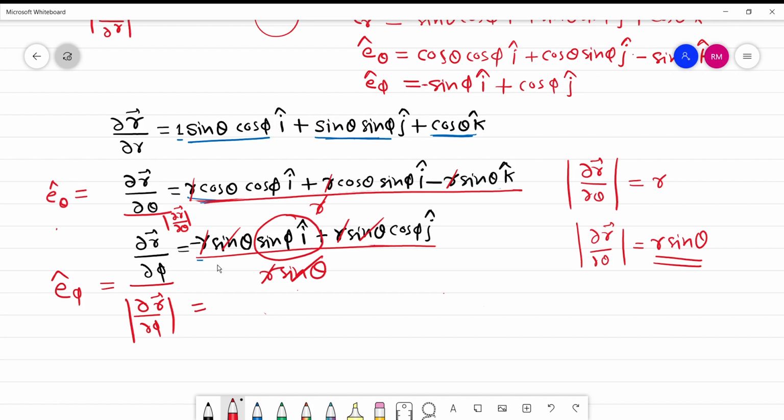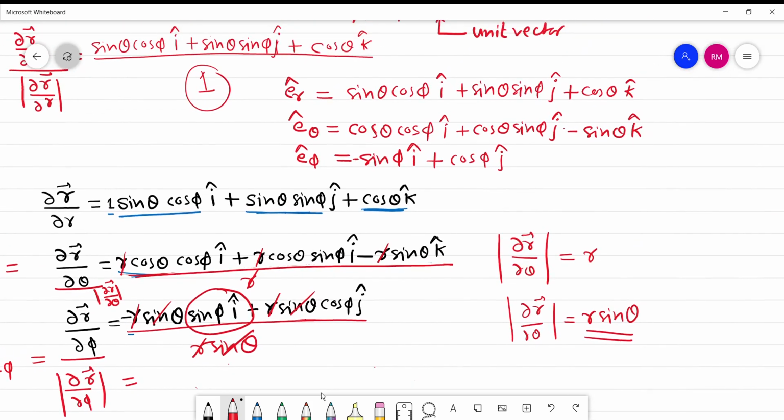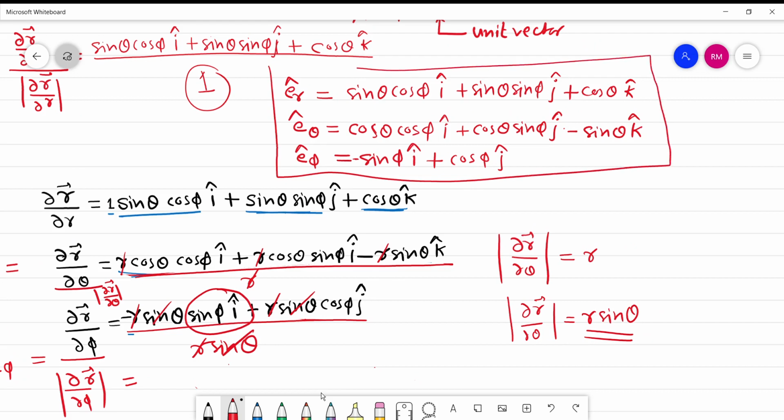So we have obtained our third quantity, that is, the unit vectors in the spherical polar coordinate system. Okay, for today we will stop here.